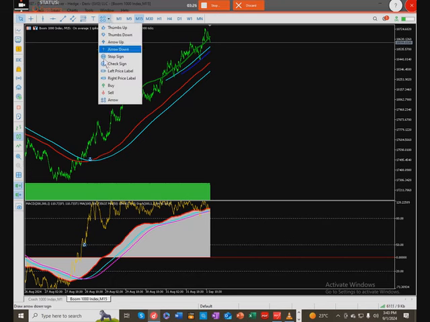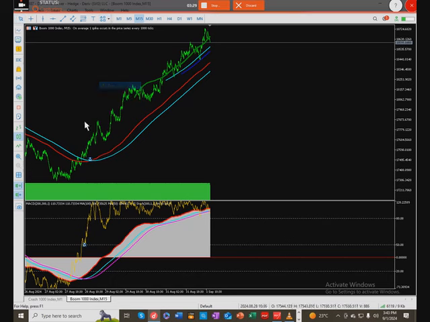Once these two moving averages cross each other, that's where you take your entry for a buy, as long as these moving averages are pointing upside.